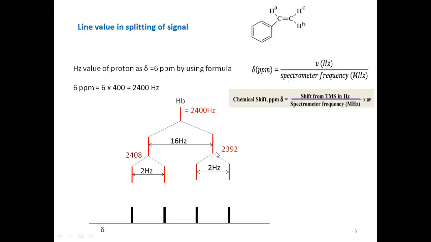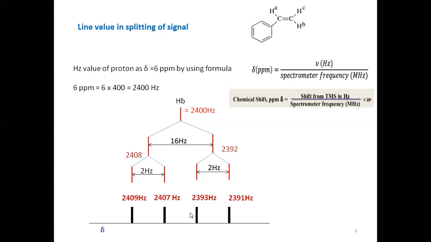Now in this second, right hand 16 hertz peak again splits into 2 hertz. So what is the value on the extreme right? 2391, because of the 2 hertz, half is going here, half is going there. So it is 2391, and this other line is 2393. 1 hertz you have to add to go to the left hand side.